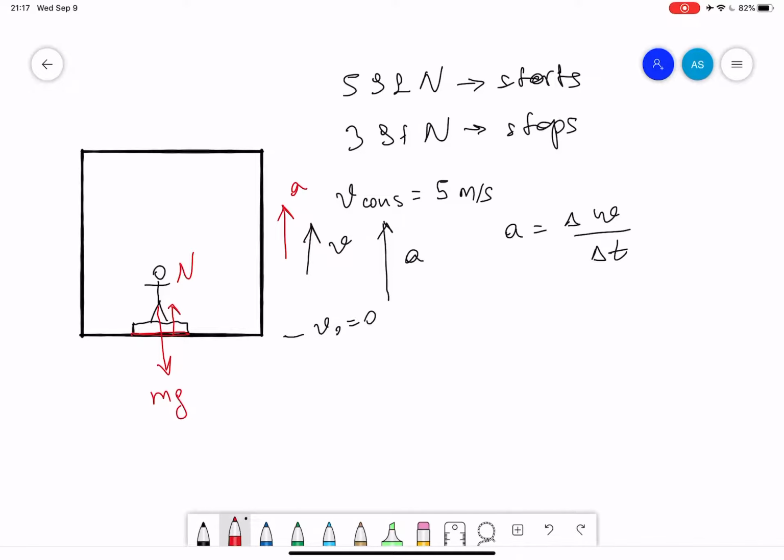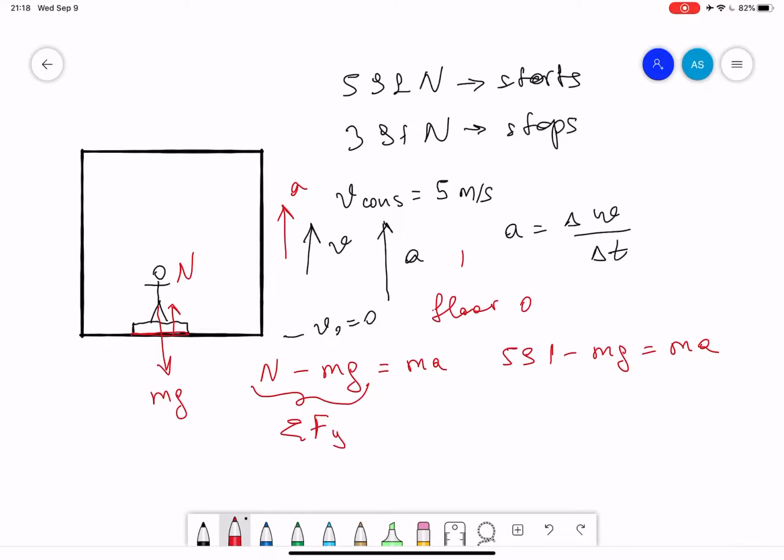When the elevator is moving upwards or starts moving, we can say that normal force minus mg is equal to ma. This gives us the sum of the forces in the y direction, and since the elevator is moving, we have acceleration. In this case, when it started, we have 591 minus mg, which is equal to ma, okay?